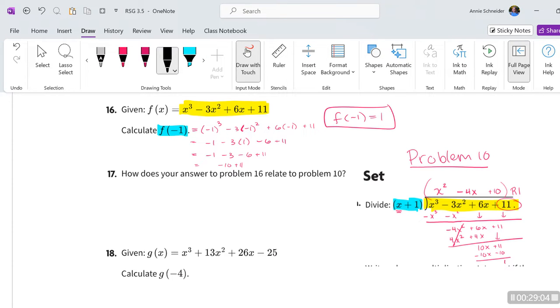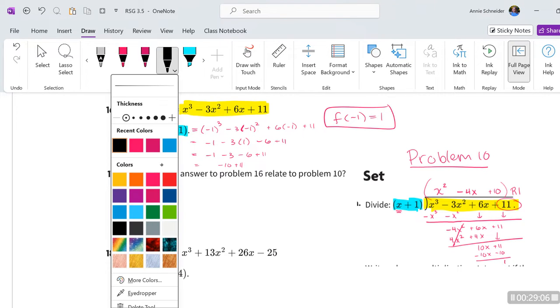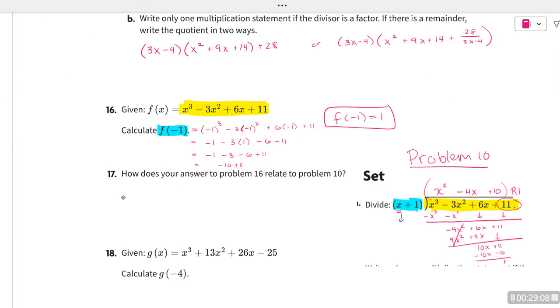Well, if I were to solve for x here, let's do this in purple, I guess. So x plus 1, if I were to solve for x, I get negative 1.